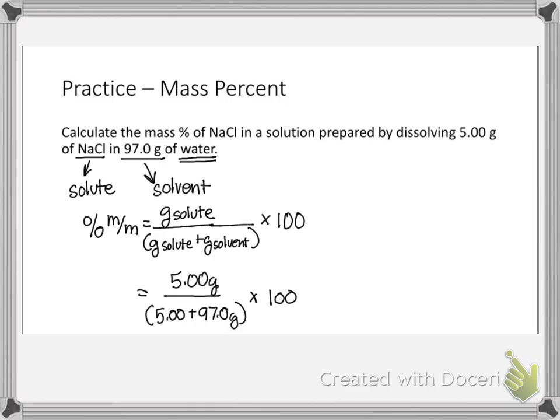I'm getting my calculator. So that would be 5 divided by (5 plus 97), times 100. And I get 4.90, to 3 significant figures, which seems reasonable.